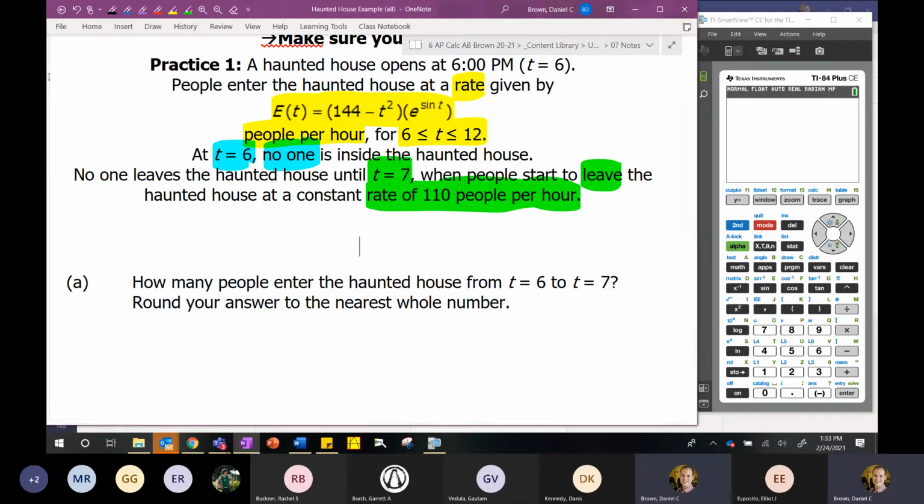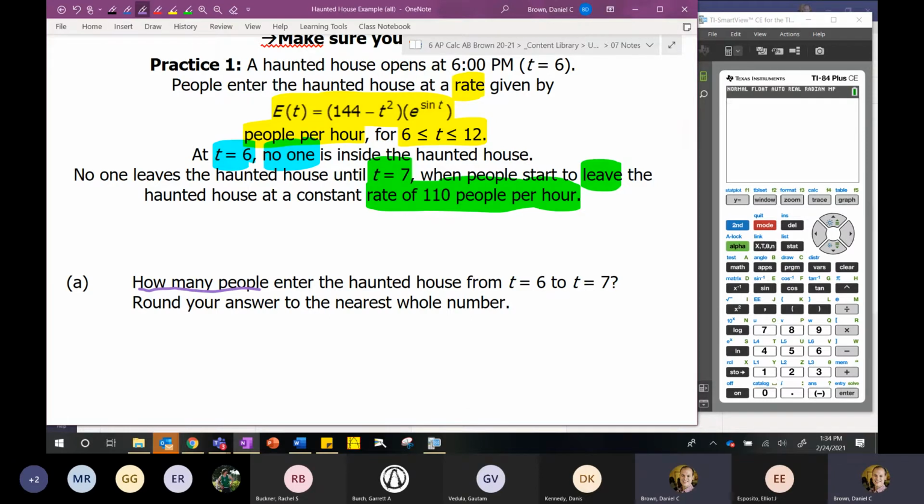Looking at question A, it says how many people enter the haunted house from t equals 6 to t equals 7. When I approach this problem, I think to myself, what do I need to do to set it up? I'm looking for the amount of people that are entering the haunted house. Well, that E of t function is measured in people per hour.